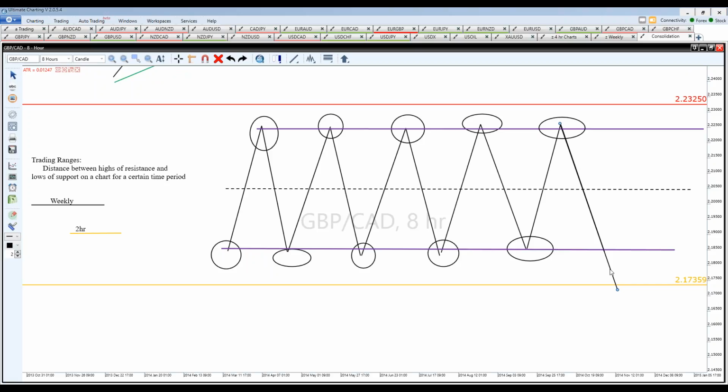So, if the market breaks out through support, then that could be an indication for me to sell. So if I decide to follow that move and sell it, I should be placing my stop above resistance.